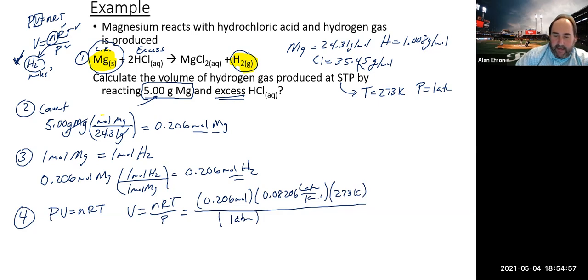Doing a little bit of calculation, we're yielding about 4.61 liters, and that would be liters of H2 produced. Again, like last time, that would be the theoretical yield of H2 in this particular case. Any questions on that calculation there?